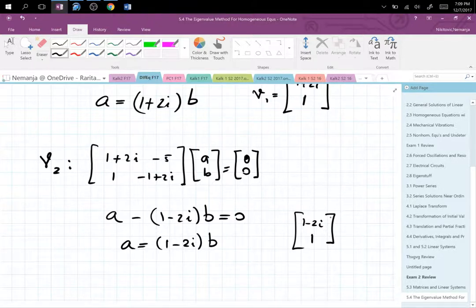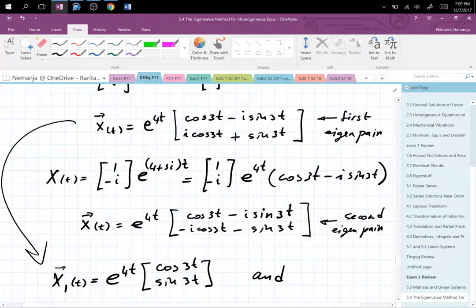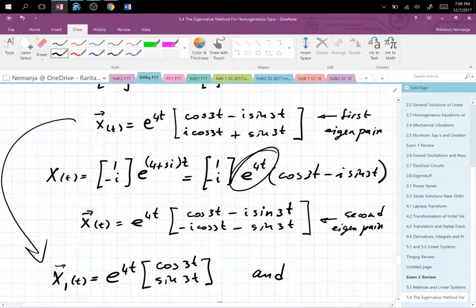So to compile solutions, we actually don't have e's to deal with like we had before, right? We don't have this part, but we have everything else.